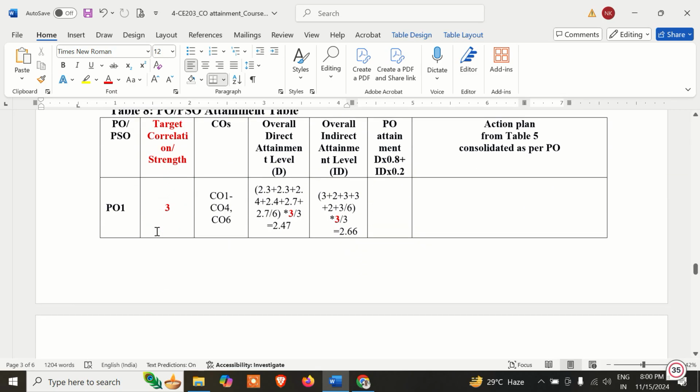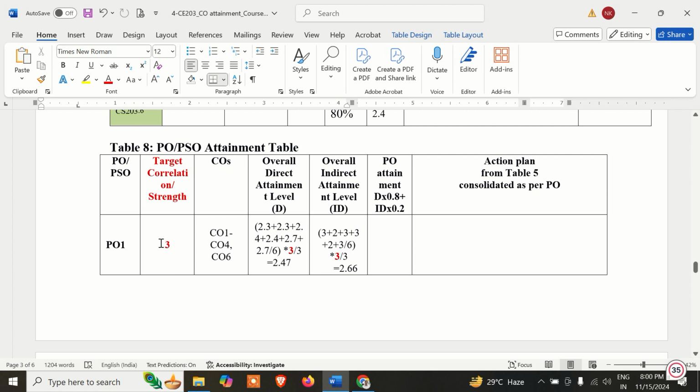Alright, so finally we try to compare with the program outcomes. The first column has come from, as I said, the PO strength, which we already calculated in the first table, last row. Now for every PO, how many COs are mapped?